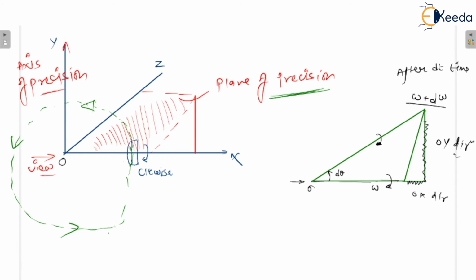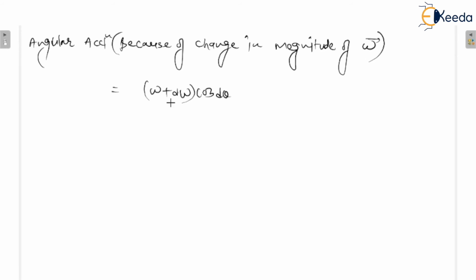The speed is omega plus d omega, but we consider the component along the x direction, which is omega plus d omega cos of d theta. And the initial angular velocity in the x direction is omega, so it would be minus omega.